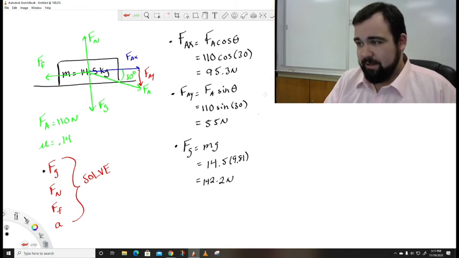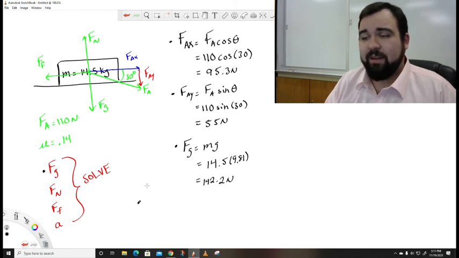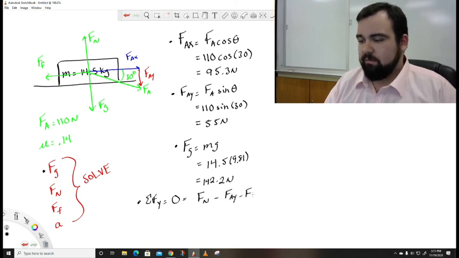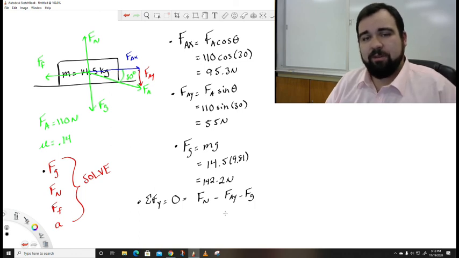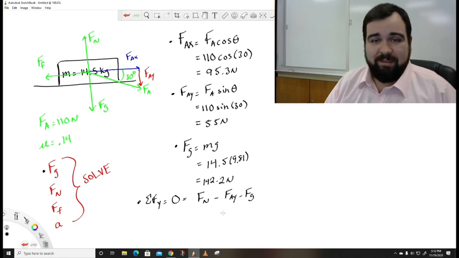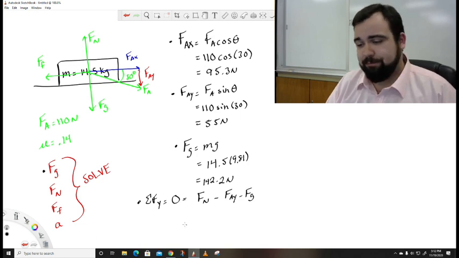So now that we have this, let's bring this F net y down here and figure out what the normal force is going to be. Notice I have it as Fn minus Fay minus Fg, because both the y component of Fa and Fg are downward, so they need to be subtracted from your normal force to get that net force of 0.